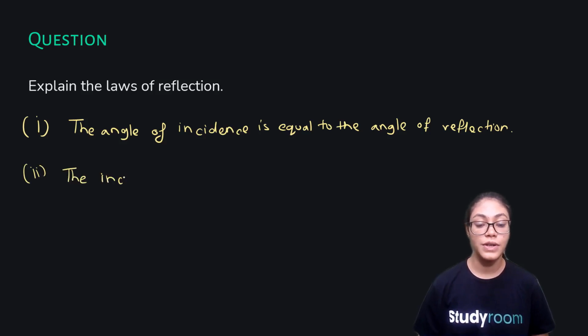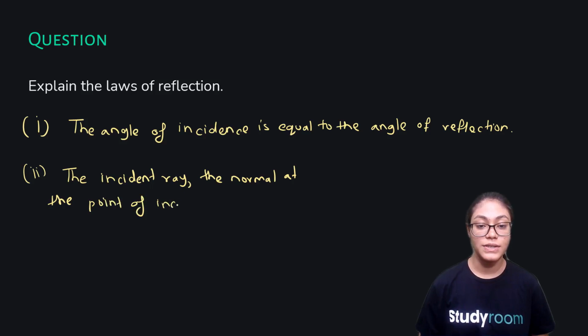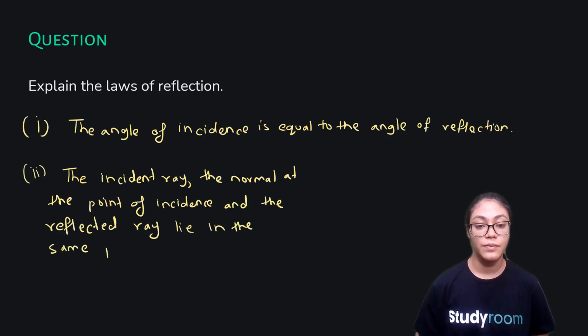The incident ray, the normal at the point of incidence, and the reflected ray lie in the same plane. Correct? Easy, very easy.